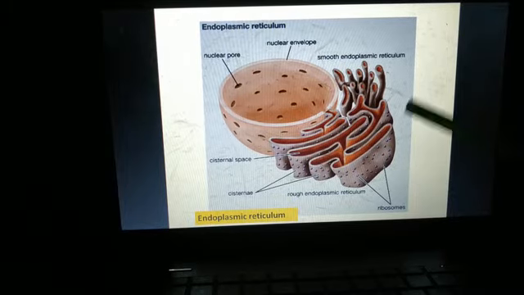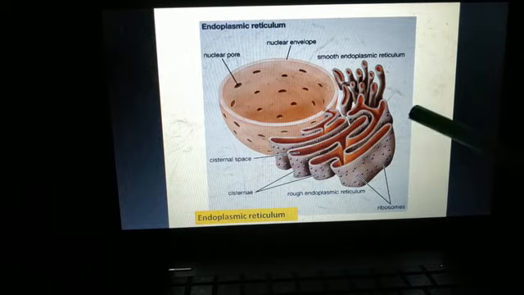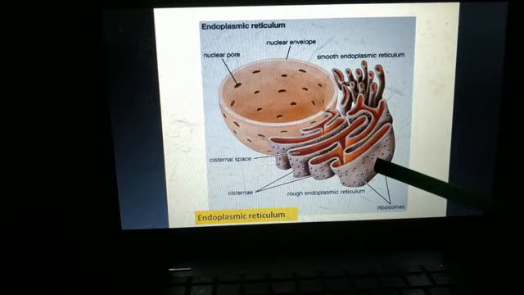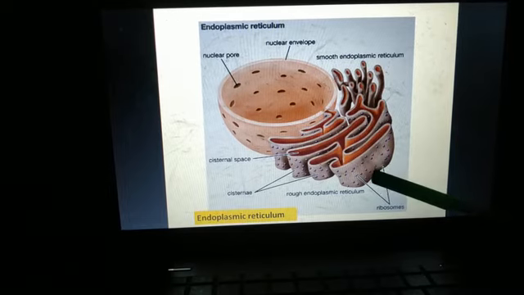This protein will then be transported to the Golgi body or the Golgi apparatus. So this RER is involved in protein synthesis, which are then transported to the Golgi body.